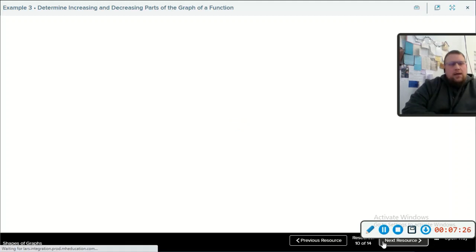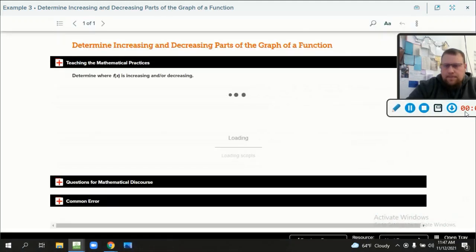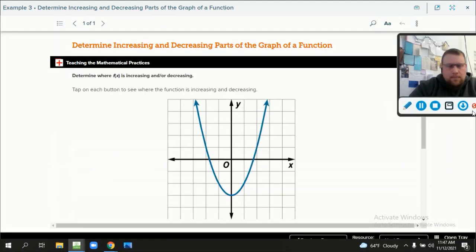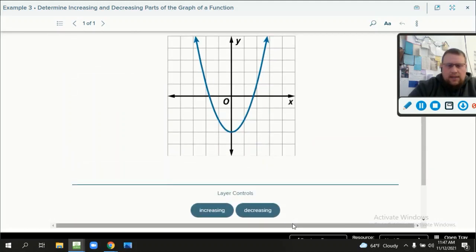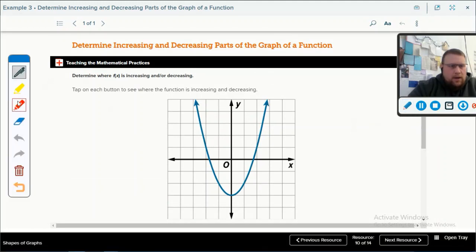Okay. So determine increasing and decreasing parts of the graph and function. Just looking at this, it has stuff for us to tap on, but really we can just draw our own, right? So again, where is it decreasing? Well, if I'm going from left to right, it's decreasing, decreasing, decreasing, decreasing until I get to the y-axis.